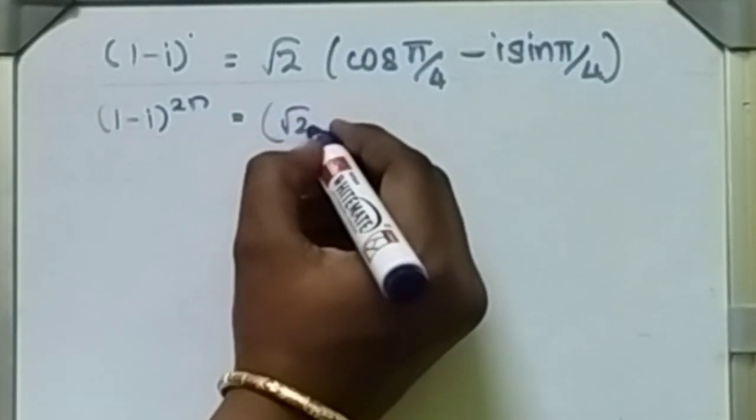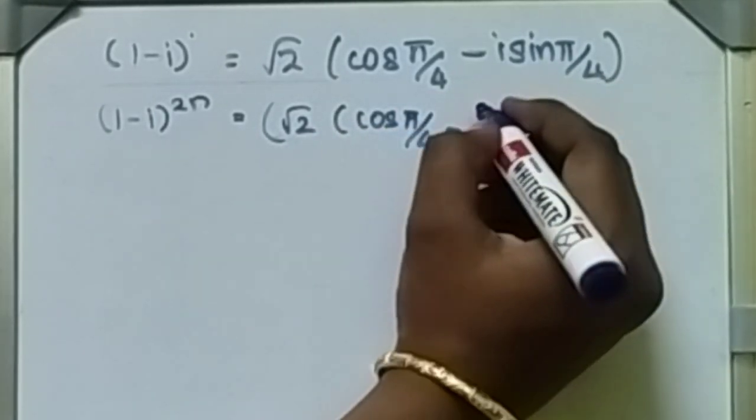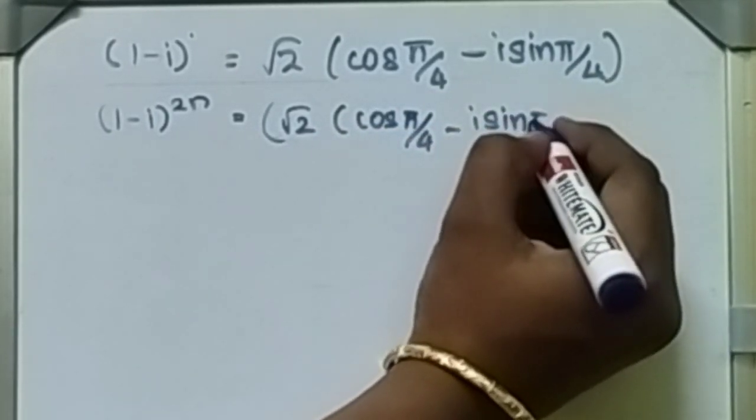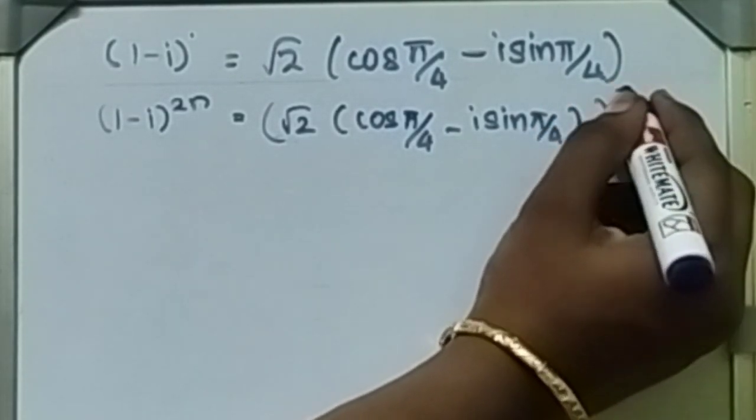So it becomes (root 2 (cos pi by 4 minus i sin pi by 4)) the whole power 2n, right?